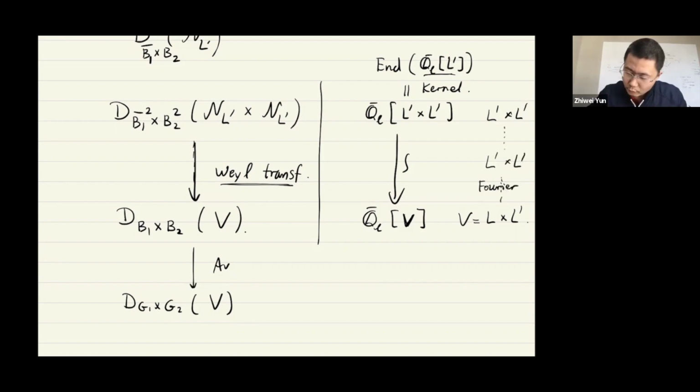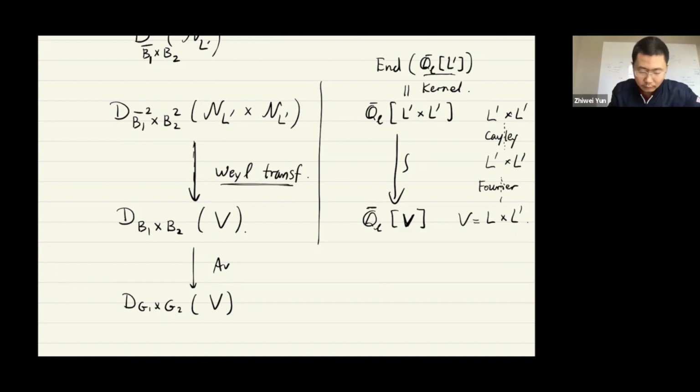First step, you do some linear transformation. It's some kind of Cayley transformation, but it's very elementary. The second step is more interesting. The Fourier transform on the first factor turns L prime into L.